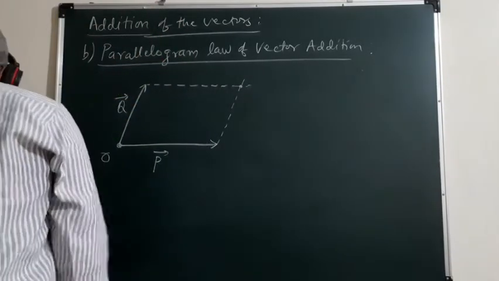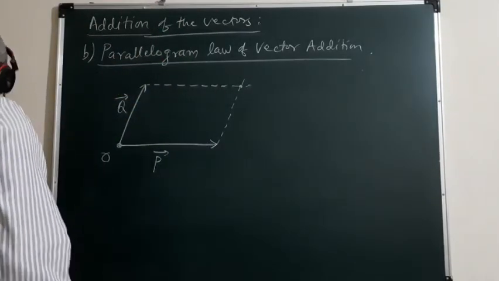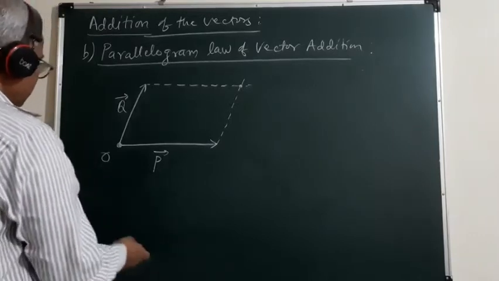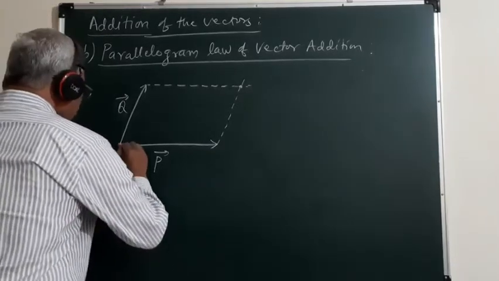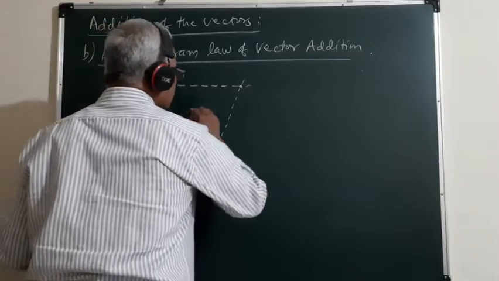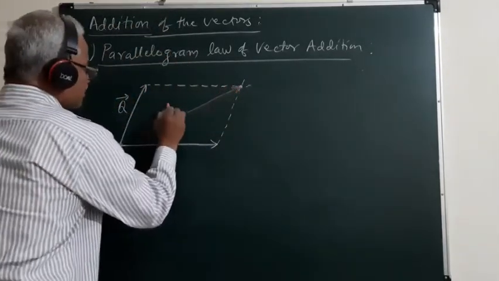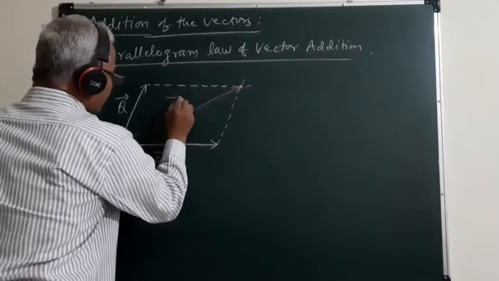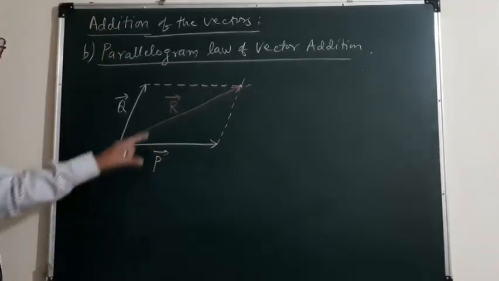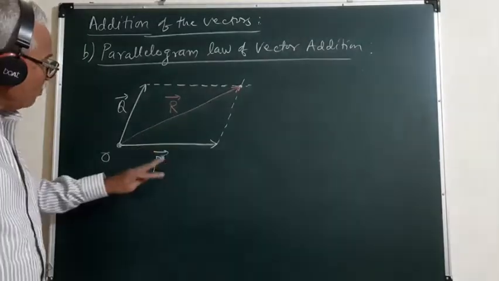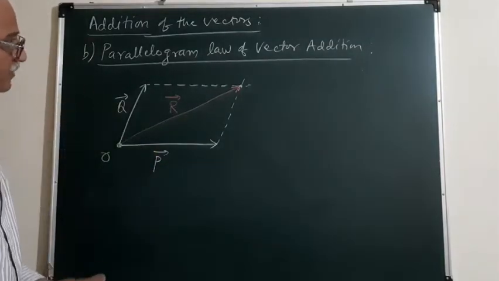So if we draw a directed line segment from the common point of the two vectors to this point of intersection, this gives the resultant vector r bar such that r bar is equal to p bar plus q bar.